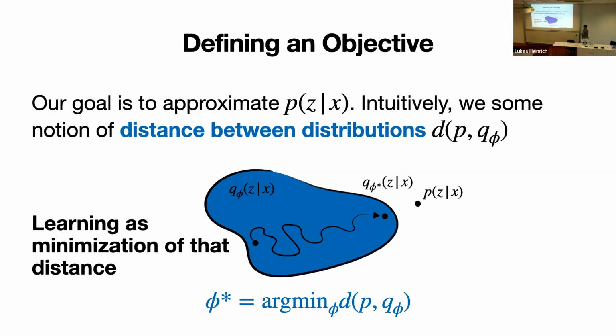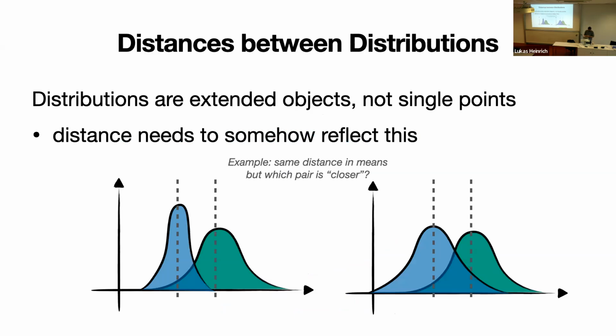That's easy to say, but we also need to make sure that we can compute this distance using the empirical data that we have, so empirical risk minimization and so on. But we need to first find a good distance function between probability distributions. Here's an example why this is not an obvious thing to do.